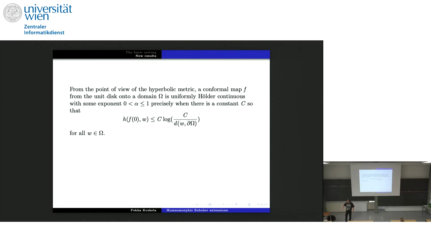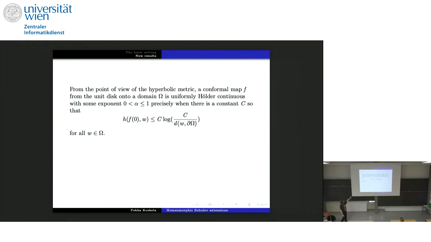Okay? So you can explicitly compute it. And this metric is conformally invariant. So in the disk, you also have explicit formulas. And for general simply connected domains, you define it by conformal invariance. So there is a metric.